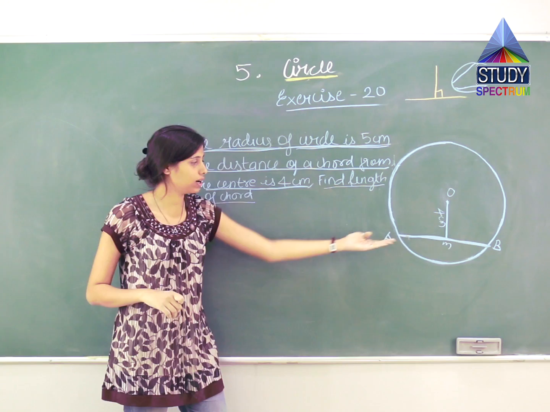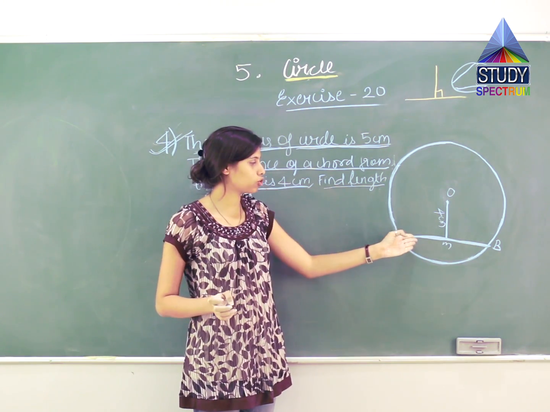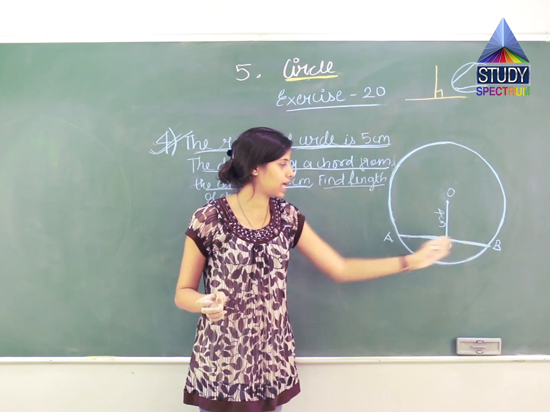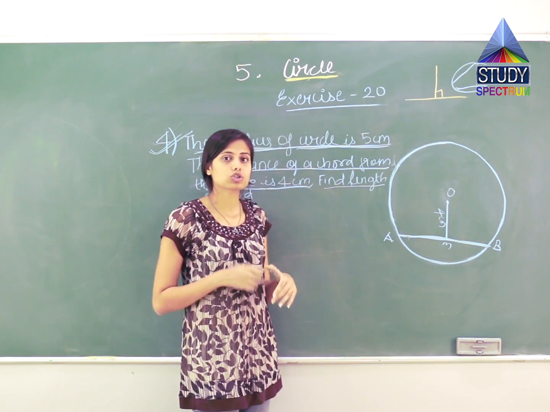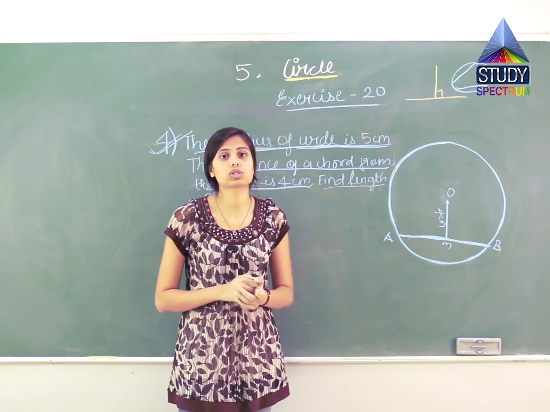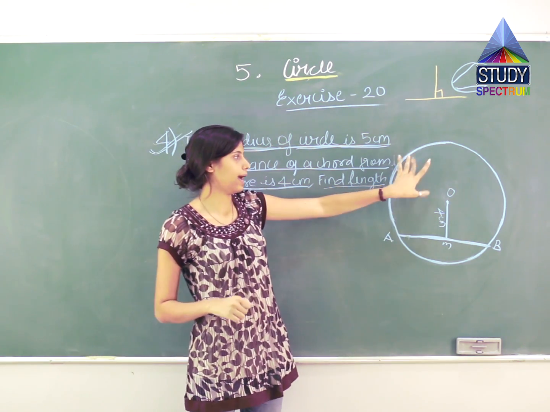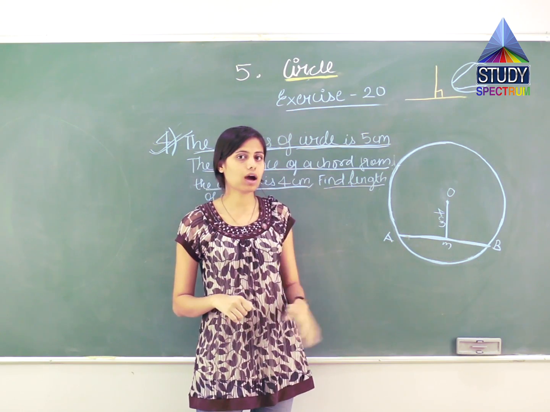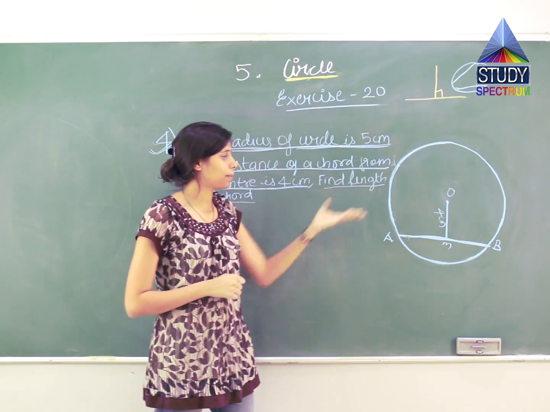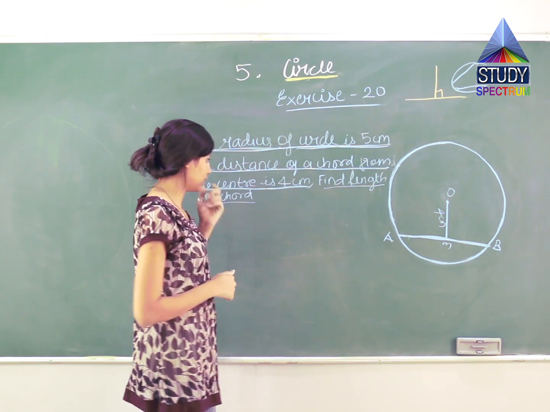But over here also, to find AB we need the half part, but here we know neither AM nor MB. How can we find AB? So first property we cannot use. Second property also we cannot use. What is the third property? The third property says that if there are two chords, then the angles they make at the center will also be congruent. But here there is only one chord, so this property also gets cancelled. So now how to find this?